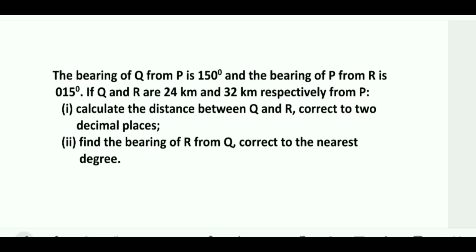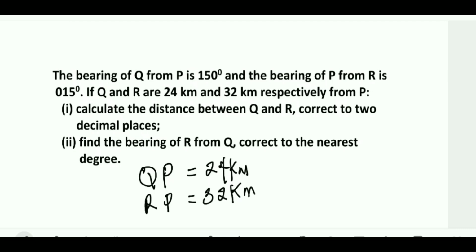If Q and R are 24 kilometers and 32 kilometers respectively from P, what it means is QP is 24 kilometers and RP is 32 kilometers. Calculate the distance between Q and R, correct to two decimal places.